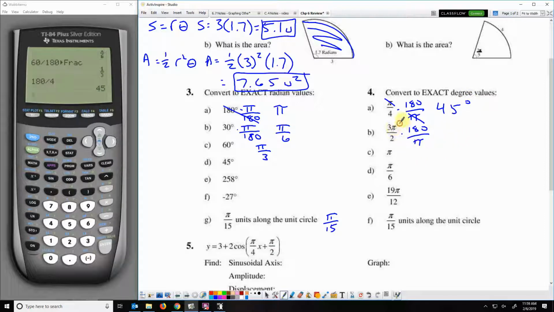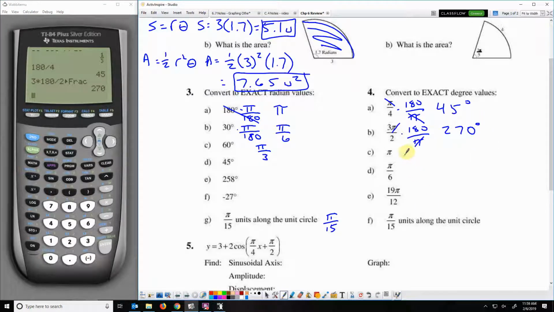Here we can cross out the pi's again, and then 3 times 180 divided by 2, and I will ask for that as a fraction, and there isn't a fraction. It's 270 degrees.